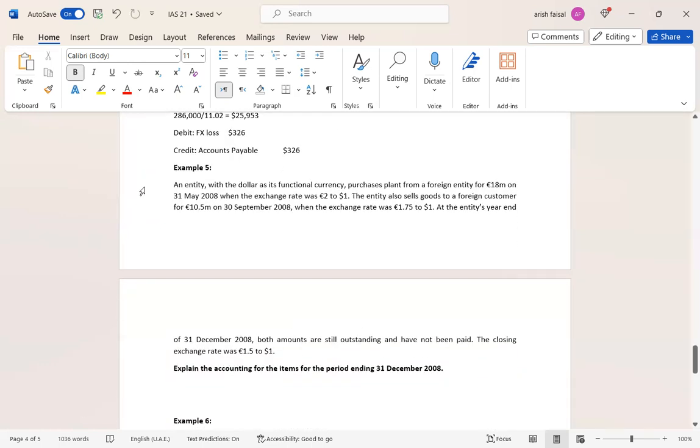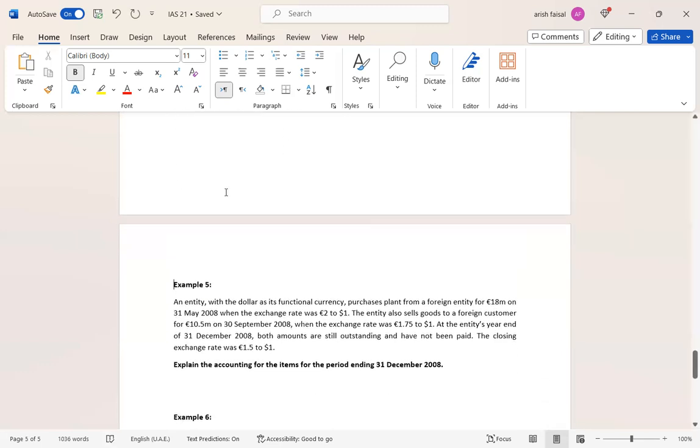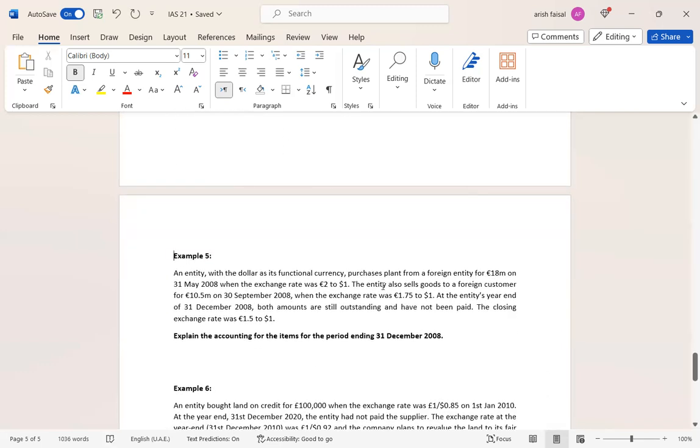Now, in this example 5, it says an entity with the dollar as its functional currency purchased plant from a foreign entity for 18 million euro. So basically, the company purchasing the asset has a functional currency of dollar. They operate in dollar, and they're trying to buy a plant from a foreign entity for 18 million on 31st May 2008, when the exchange rate was €2 to $1.